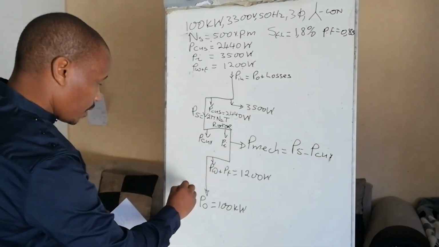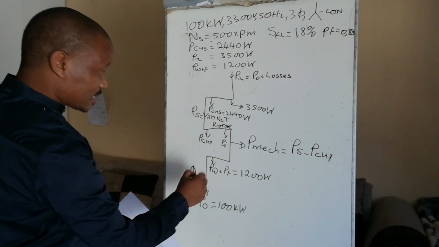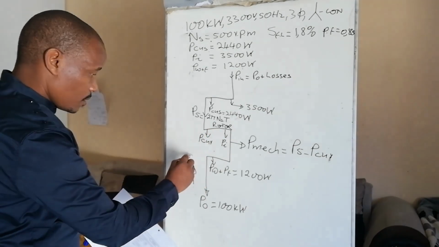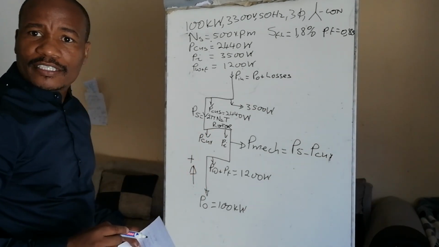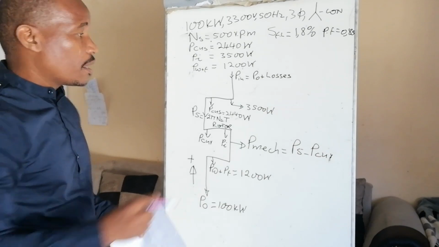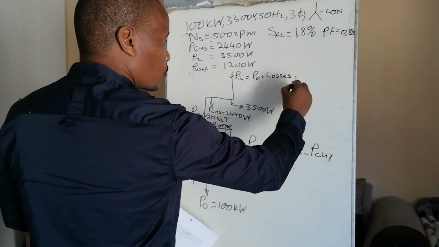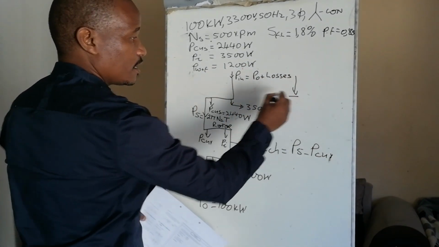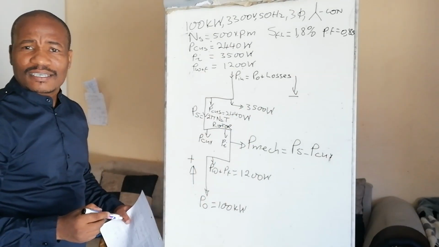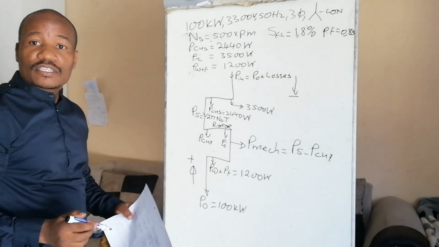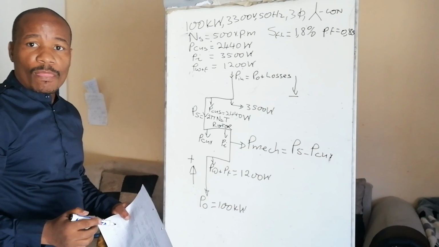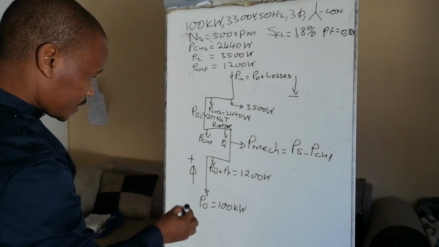Now, very important. If you go up on this sketch, you add the losses. But if you go down with regard to this sketch, you subtract from the input power. Now, let's check.